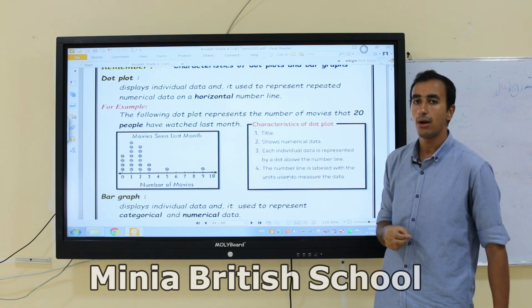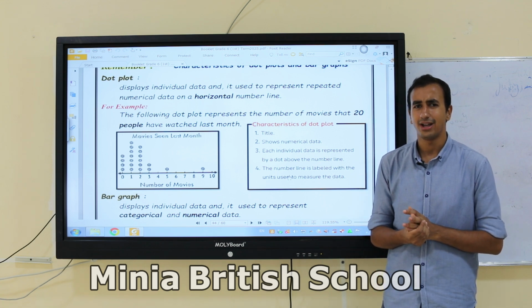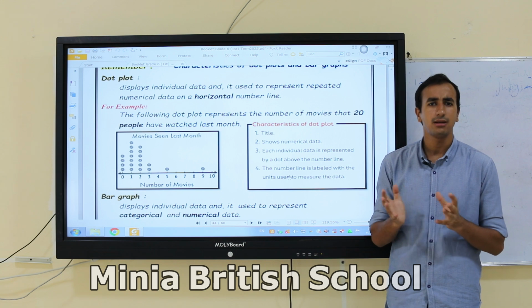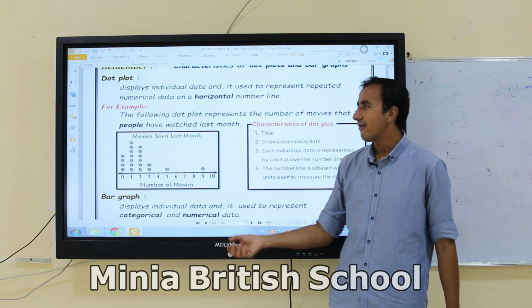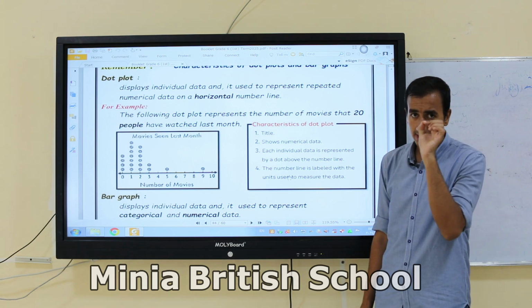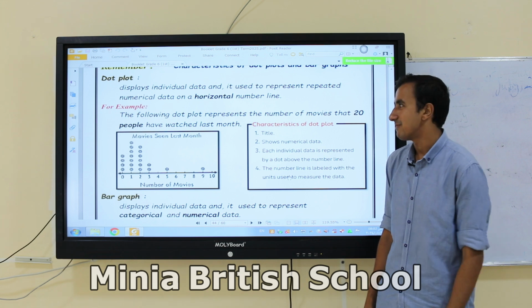We will talk about the dot plot. You talked about it in grade 3 by another name. It's called line plot. Here we have a dot plot. You can represent by dot, but not x. It is the same graph.